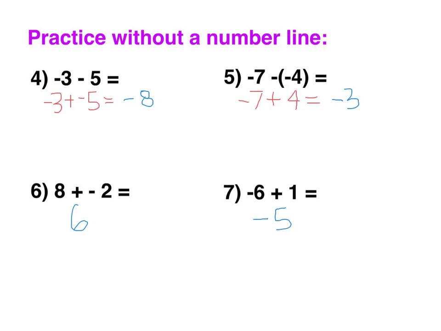Number 5, I had a negative and a positive. I had more negatives, so I have a negative answer, negative 3. Number 6, I had a positive and a negative, more positives, so I have positive 6 as my answer. Number 7, I had a negative plus a positive, more negatives than positives, so my answer is negative 5.